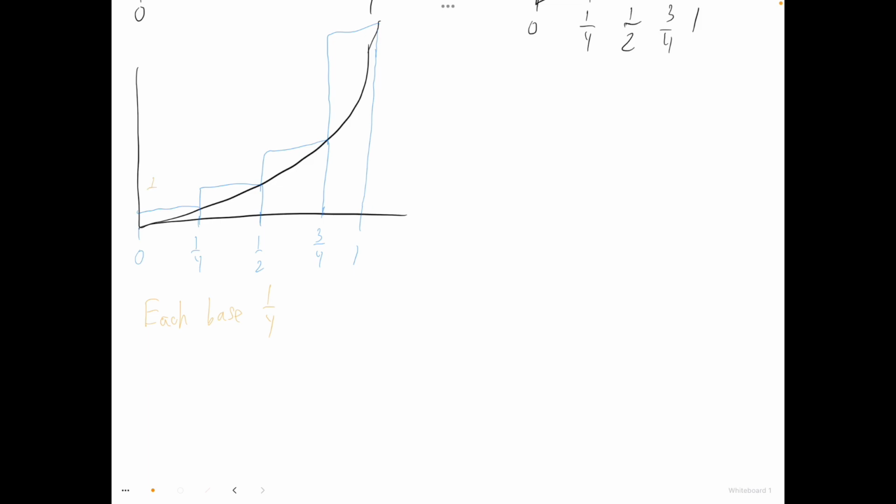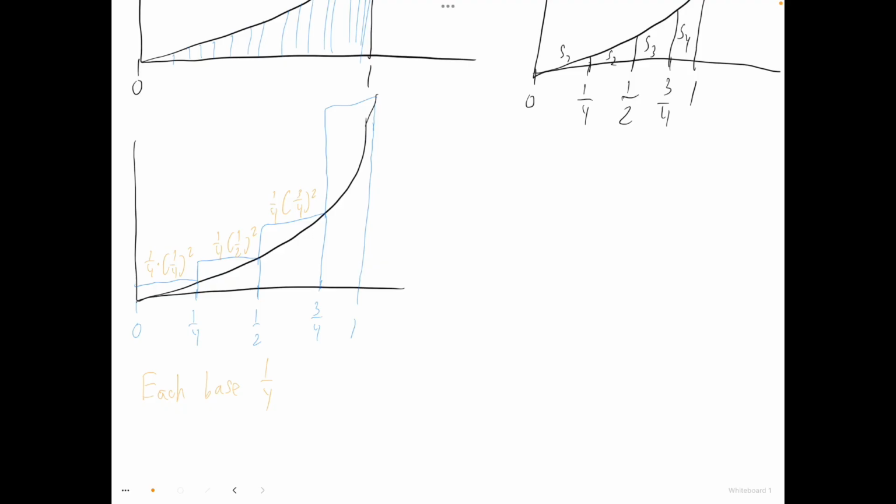This would be 1/4 times 1/4 squared, 1/4 times 1/2 squared, 1/4 times 3/4 squared, and then 1/4 times 1 squared. And we're going to add all of these up to get the approximation area. And we're going to call this R4, just because we're using the right side of each interval for the approximation.